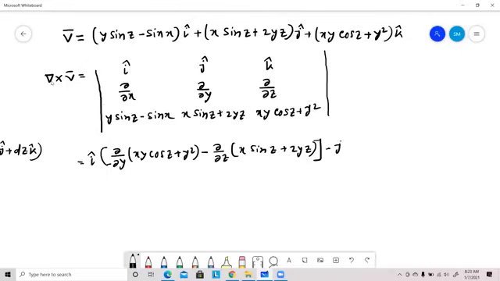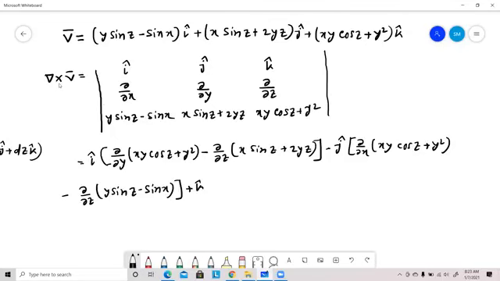And for the unit vector j, we get del by del x of xy cos z plus y square, minus del by del z of y sin z minus sin x.